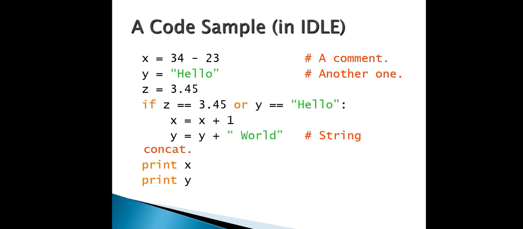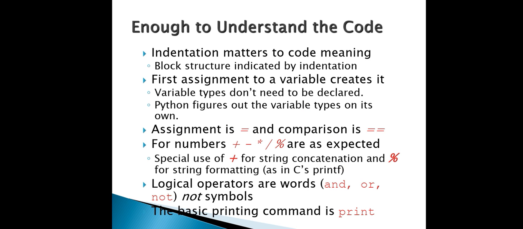A code sample in IDLE. x equal to 34 minus 23, y equal to hello, z equal to 3.5, with a comment, and another one, and something like that. To understand the code, indentation matters to code meaning.